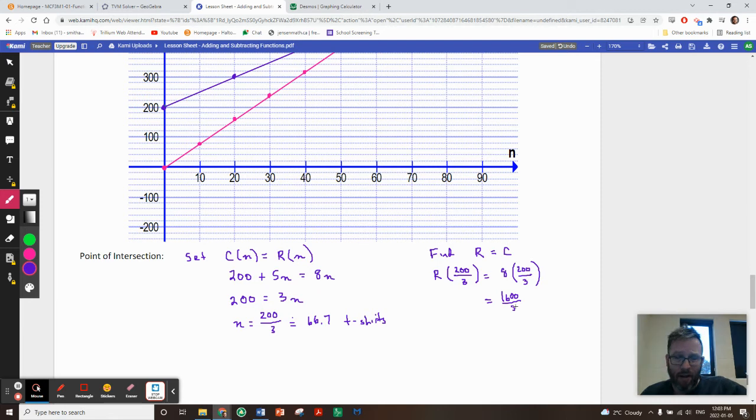Oh boy, I'm going to get myself into trouble here. I'll just use my calculator. 533, I thought so. About 533.33. I'll put approximately. That's about how much revenue you'd bring in, and of course, that's how much it would cost to make as well. So what does this mean?